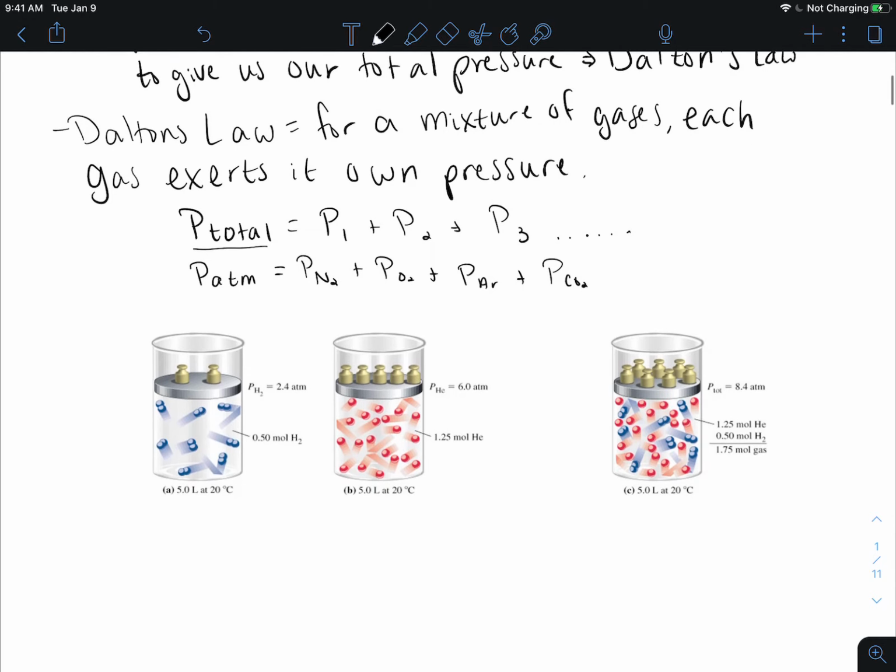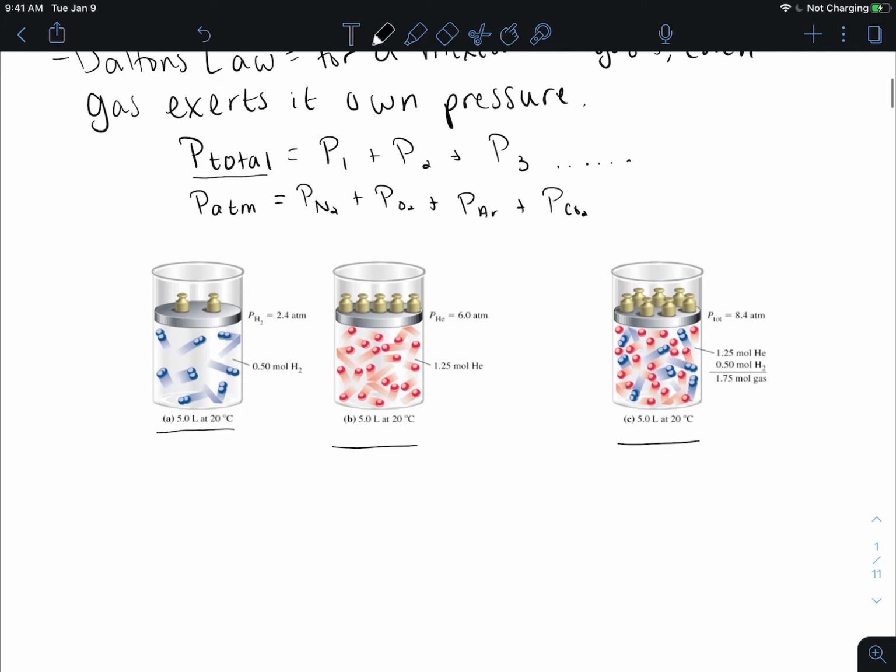For instance, if we were to add together hydrogen gas with helium gas, keeping the exact same volume and the exact same temperature, then we could solve for the total pressure. Here our partial pressure of H2 is 2.4 atmospheres, and our partial pressure of helium is 6.0 atmospheres.